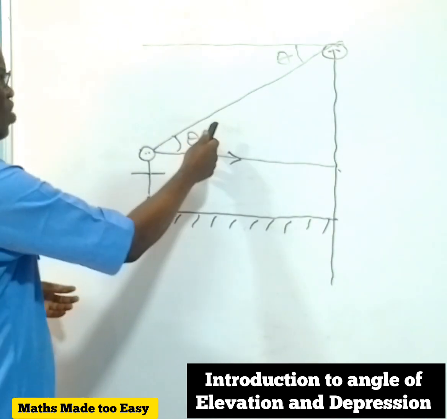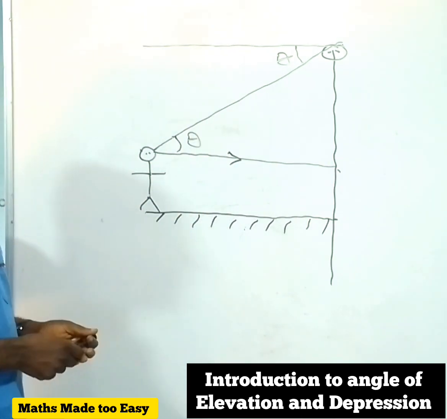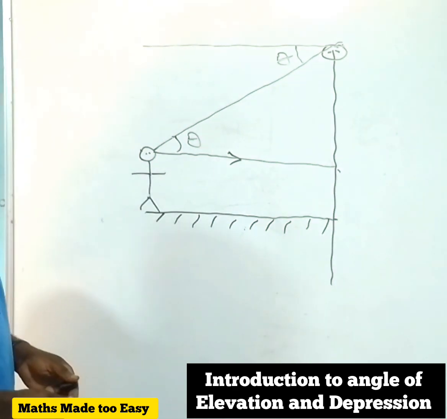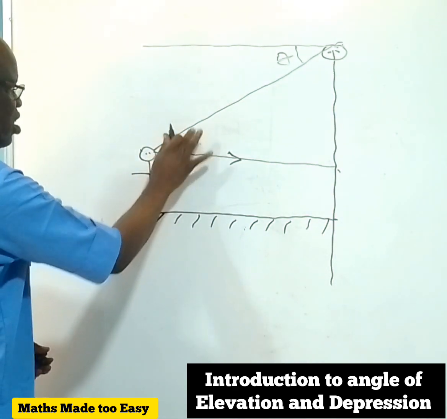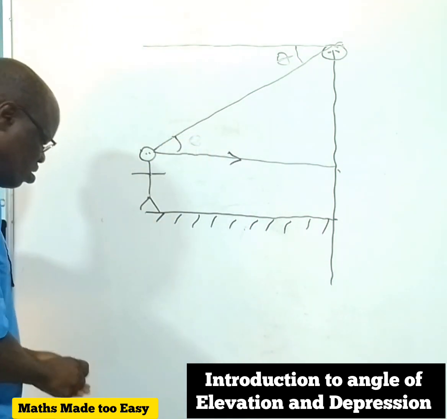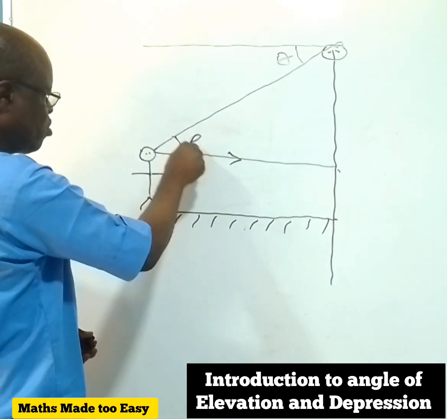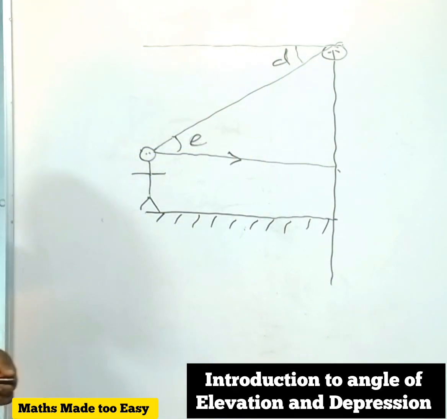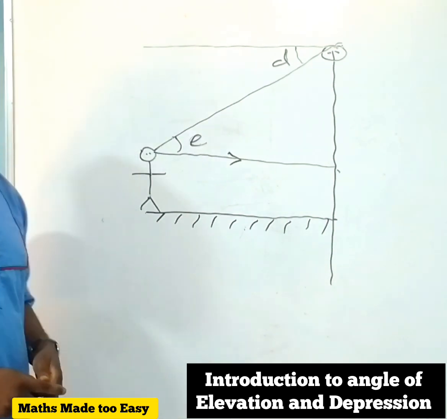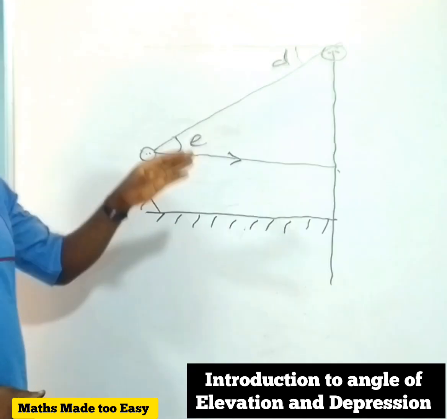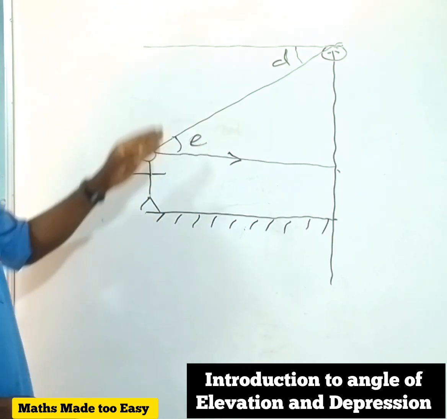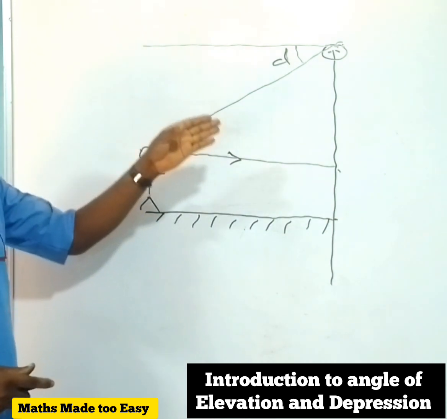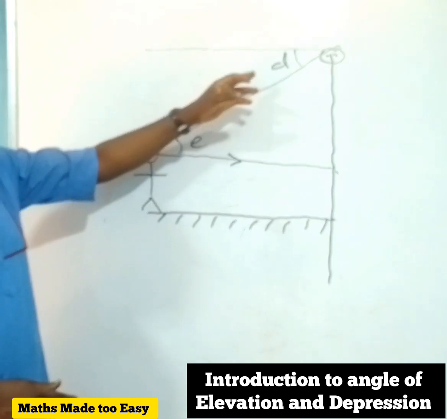And the angle of elevation is equal to the angle of depression, because this has made a Z angle, which is alternate angle. Therefore, you are right to say the angle of elevation is equal to the angle of depression. So in any given calculation, the angle of elevation is always equal to the angle of depression. So this is what we refer to as angle of elevation and angle of depression.